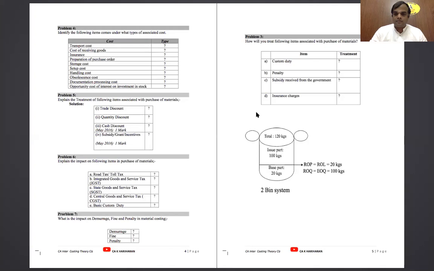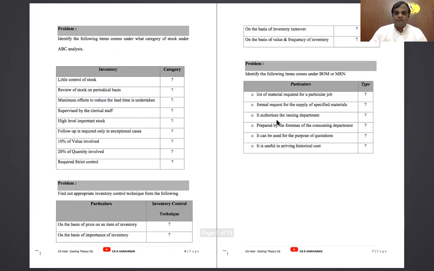Now we'll see some concept-based practical questions, concept-based theory questions, first exam questions. Identify which category of stock the following items come under in ABC analysis.